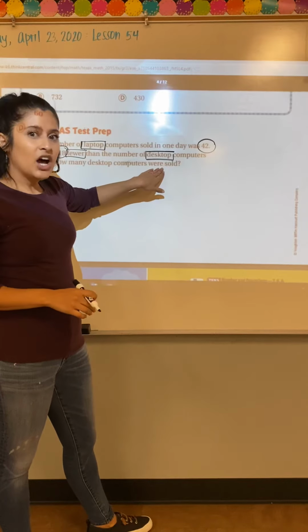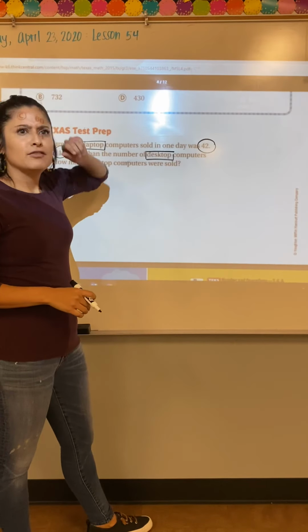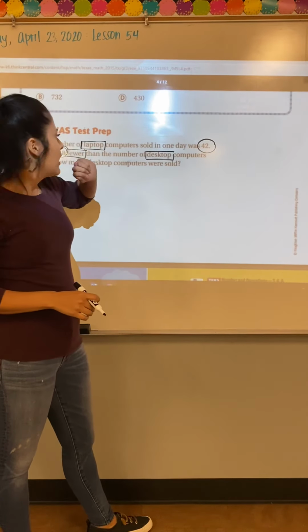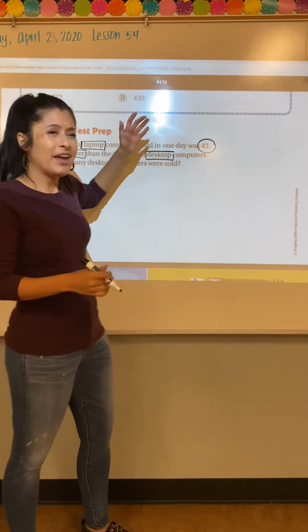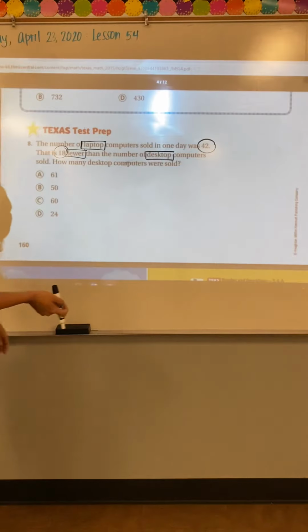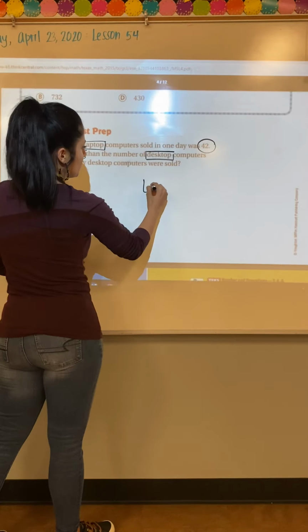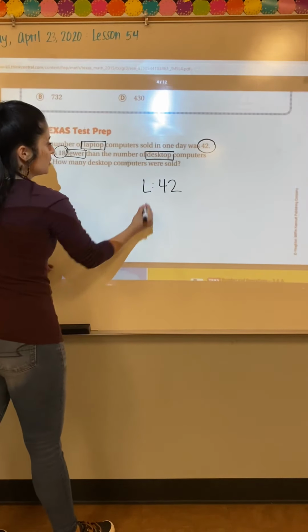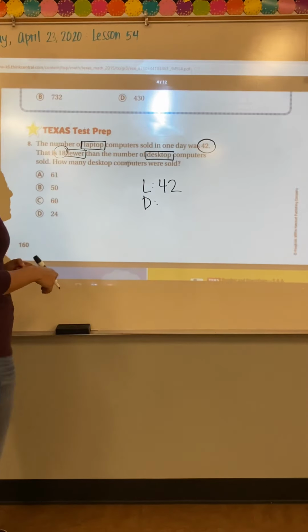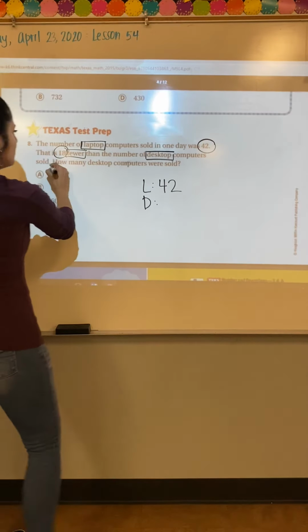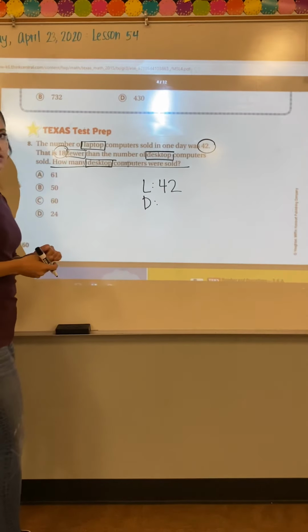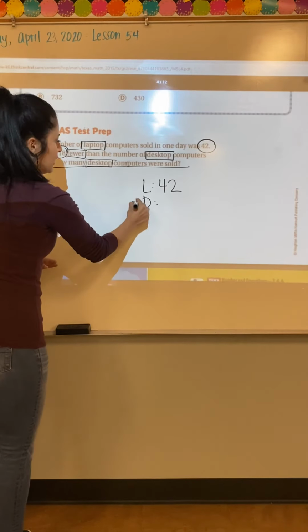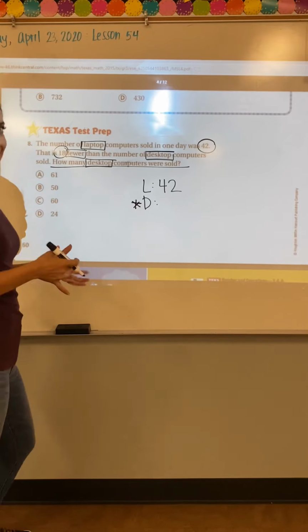A desktop, well, we don't use desktops in here. Anyway, they're different types of computers. You may have a desktop computer at home. So we know laptop computers was 42. We're talking about desktop computers as well. How many desktop computers were sold? So we're looking for this number right here, the amount of desktops.